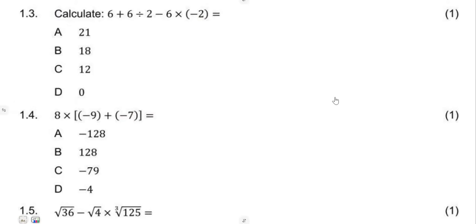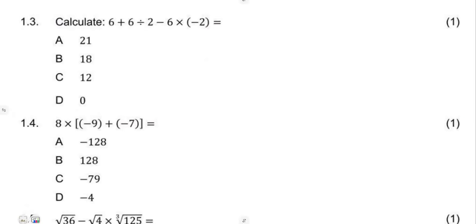Let us consider 1.3. Calculate. Here we are given so many operations that we can apply: addition, subtraction, multiplication, so many operations. So we can apply BODMAS. Some use BOMDAS. It's one and the same.